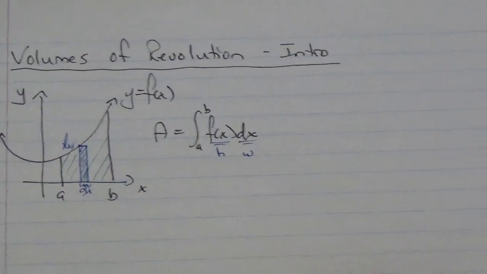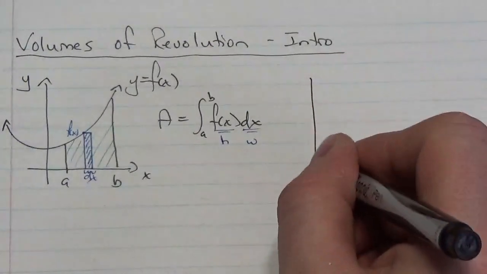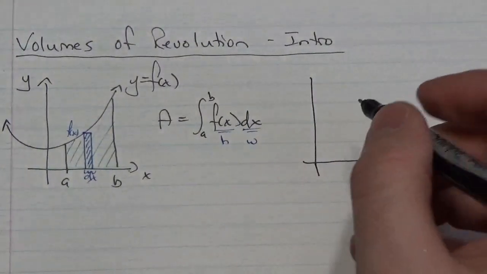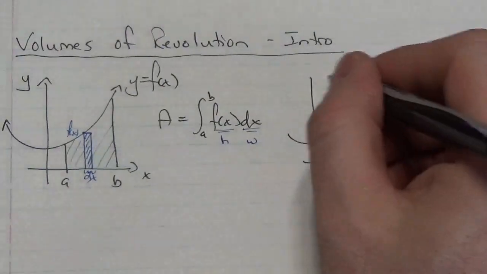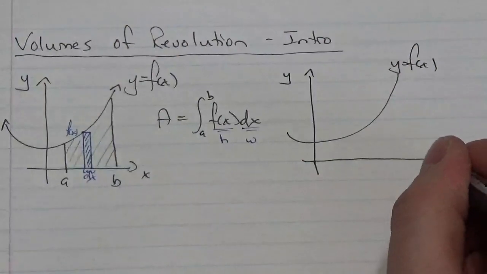Now, let's draw this out again. Same function here, same thing. Okay, so here's our function. Oh, that's terrible. I was hoping that would look a little bit closer, but anyway, you get the idea.